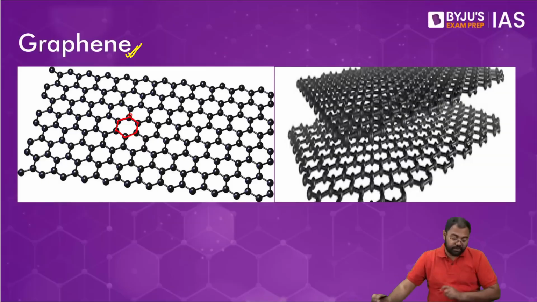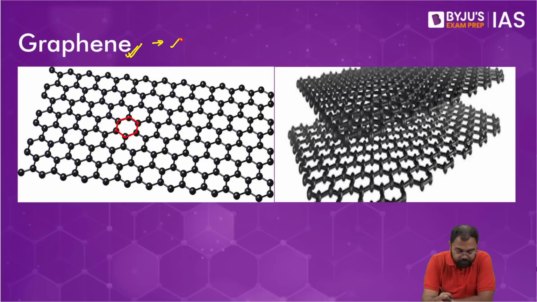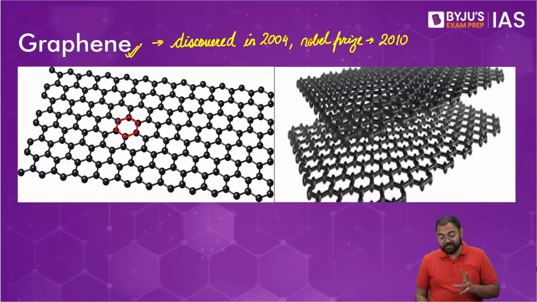Now, the discovery of graphene happened in 2004, and graphene also got a Nobel Prize. The discovery of graphene was also very unique, so I'll tell you how it happened.